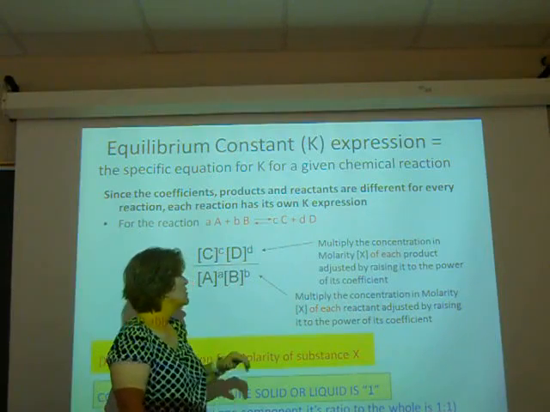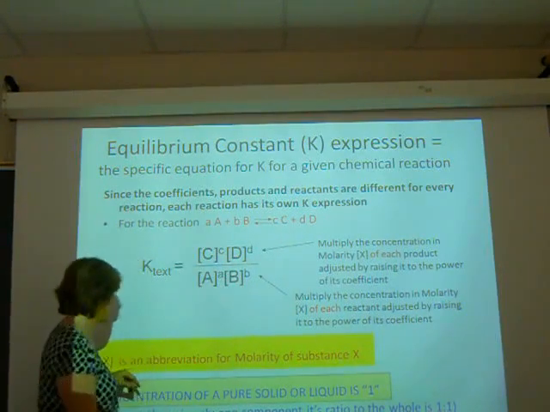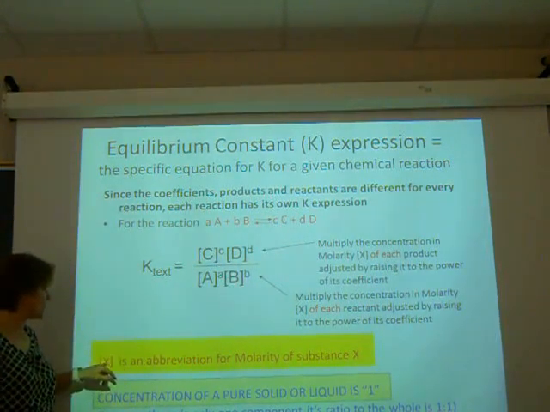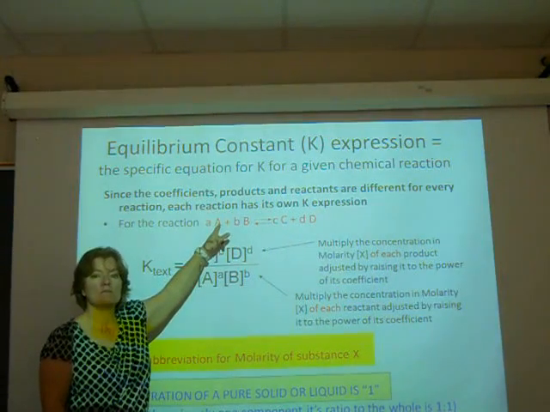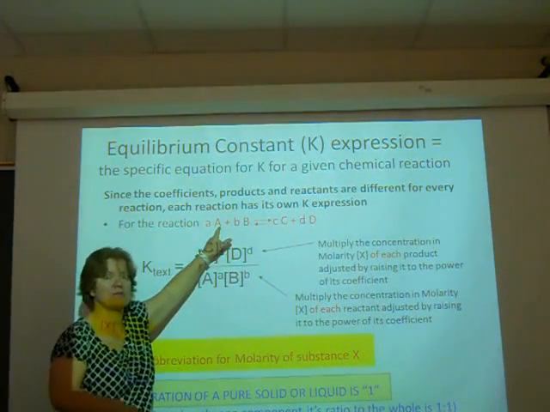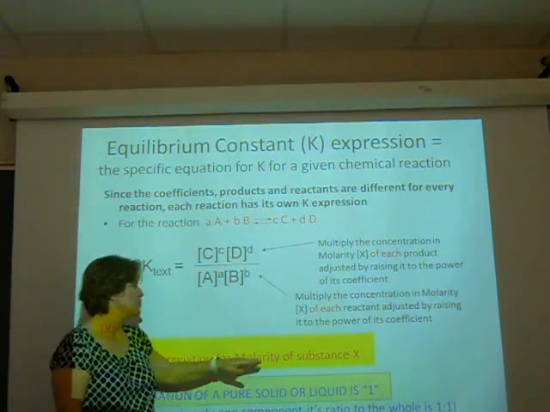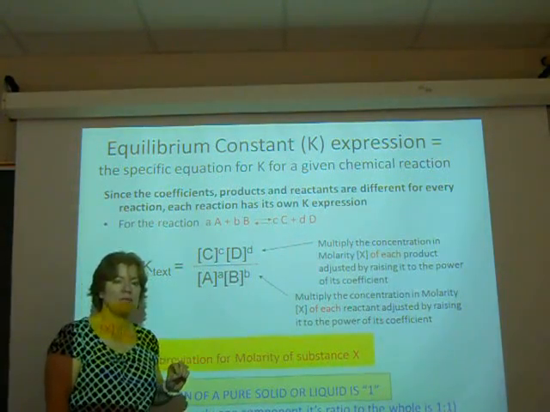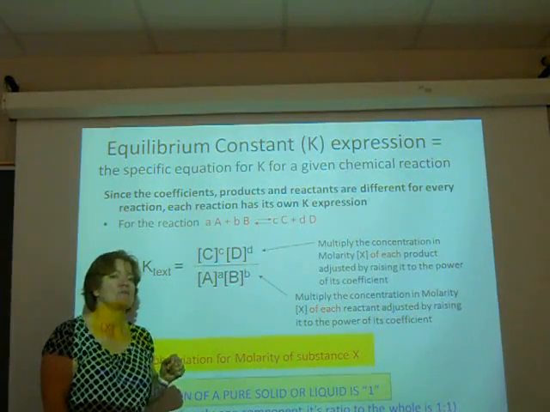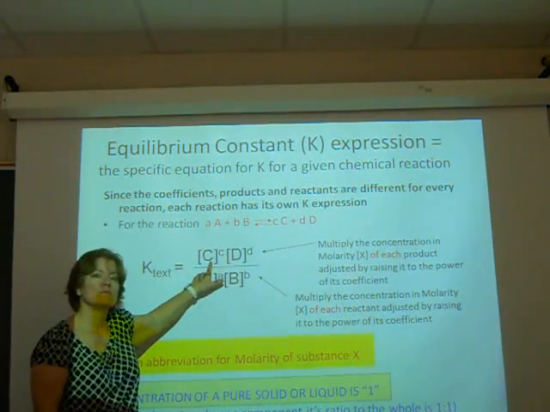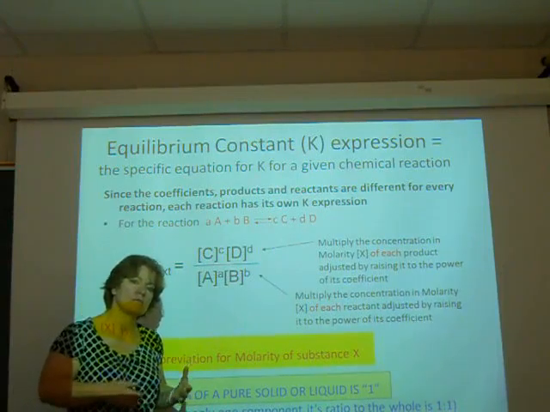Let's be careful here. These brackets, if I put a bracket around a chemical formula, A is a chemical. It's water, it's sodium chloride, it's a chemical. When I put it in brackets, it's now referring to the concentration of that chemical, so the molarity of that chemical. So this is now a number of moles per liter of that solution.